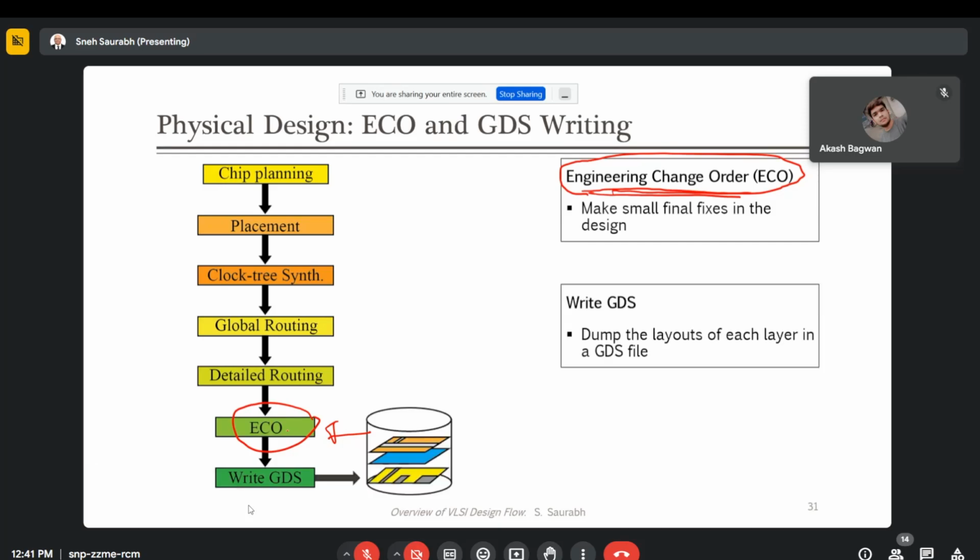Once the ECO has been done, all the verification and all the layout has been made, we dump the layout of each layer in a GDS file, and we write the GDS, and that GDS will basically go to the foundry for fabrication, and that closes our design flow, right? So this design goes to the foundry for fabrication.